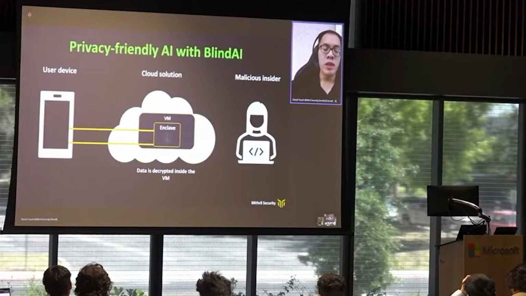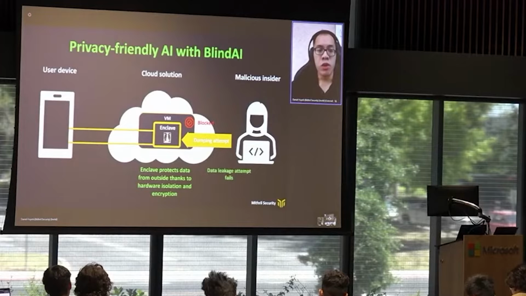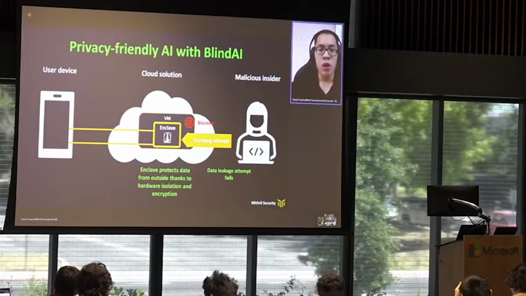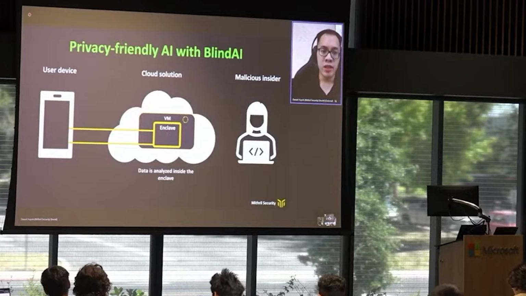Data will be decrypted inside this enclave, but the idea is that this enclave, which are hardware-based technologies, provide isolation and encryption of the memory content of the enclave, and so any dumping attempt from the outside will abort. But while data is still inside the enclave, you can do whatever you want, including applying, for instance, an Onyx model. So this way, you can analyze that inside a secure environment, but it's not accessible to the outside.